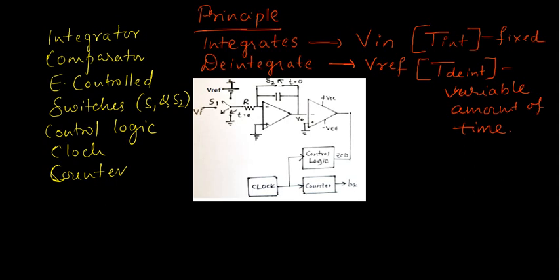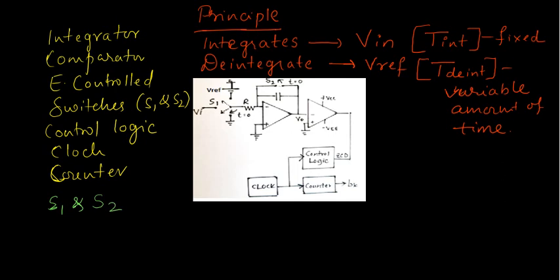Now this we have to understand from the point of view of the circuit diagram. Looking at the circuit diagram, please look at the two switches here, S1 and S2. S1 can be connected to three different points.